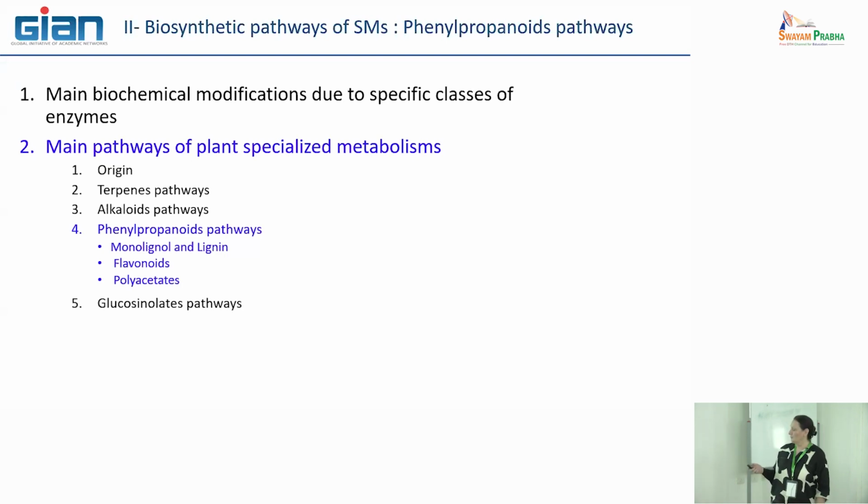I would like to discuss with you one that is very important, the pathway leading to lignin production, because it is one of the most important phenylpropanoids in plant cells. And also, after that, just one or two examples in flavonoids and polyketides, in which we can also find the example of resveratrol, as we have seen yesterday.